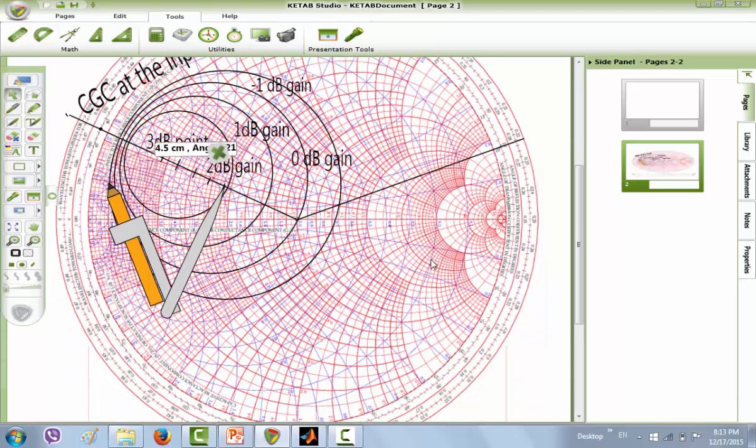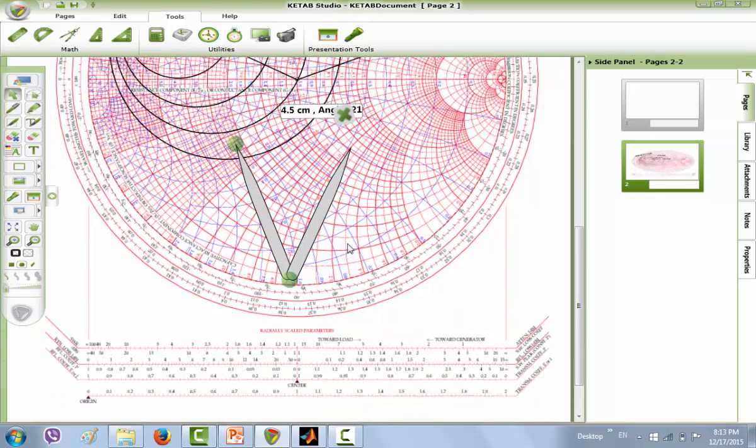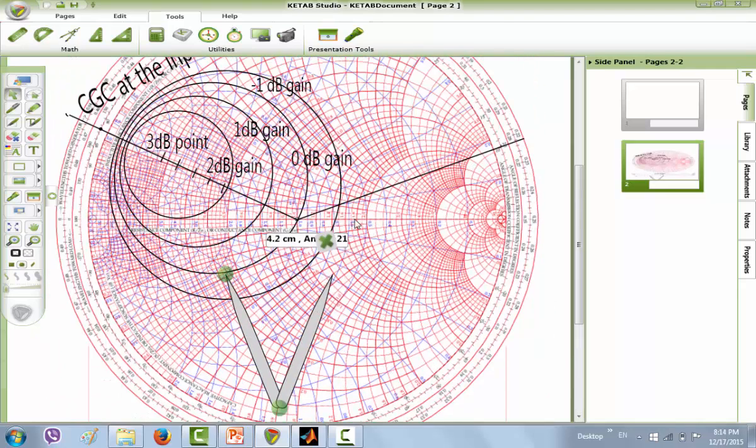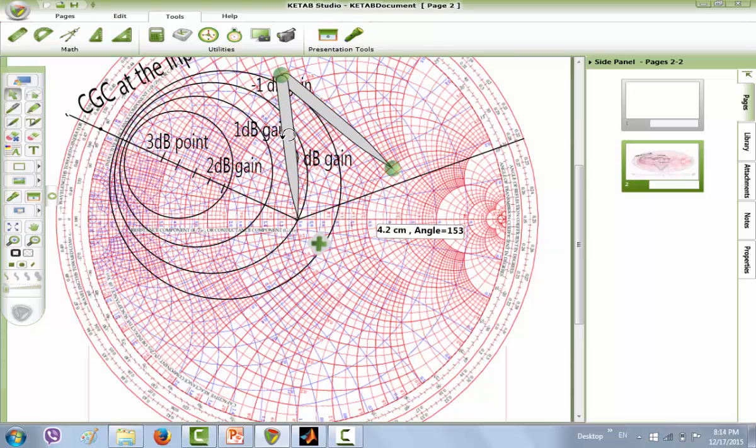Now, to determine the 1.3 dB point, which is the maximum gain at the load, go to the reflection coefficient scale to determine the 0.51. 0.51, which is approximately here. Now back to the line. Okay.